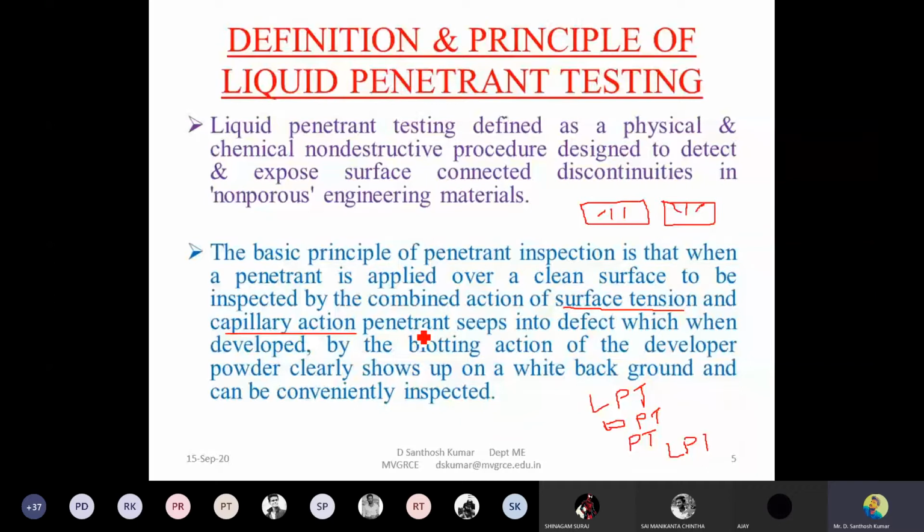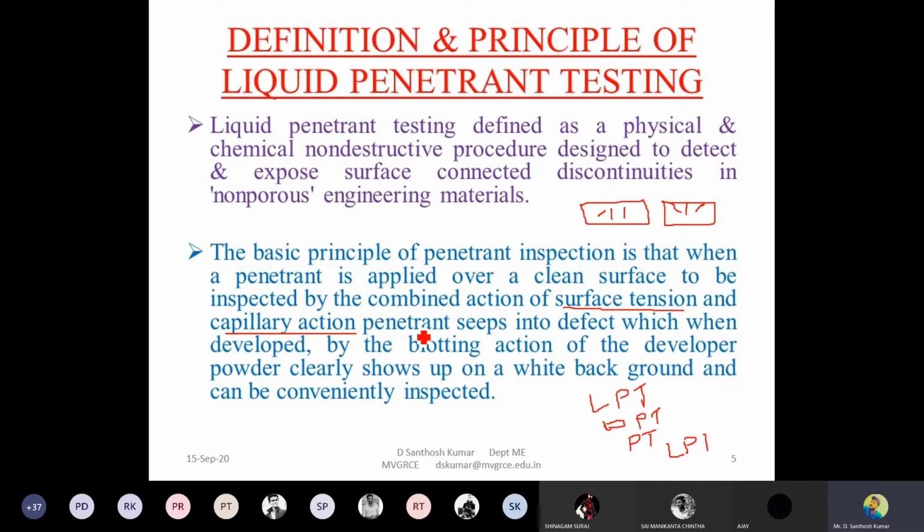Then you can clearly understand what exactly happens whenever a liquid spreads over the surface. If the surface has any kind of cracks, your liquid simply seeps into that crack due to the surface energy of the liquid and capillary action. Always, the capillary action is due to the surface tension of the liquid.